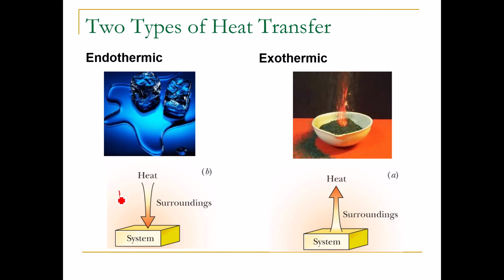So you can imagine this positive Q idea. Exothermic means that heat is leaving the system, going into the surroundings. So this negative Q idea. And now that we're talking about delta H equaling Q, we can say that endothermic is positive delta H and exothermic is negative delta H.